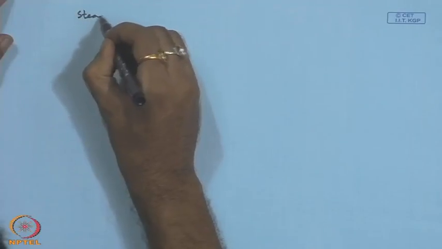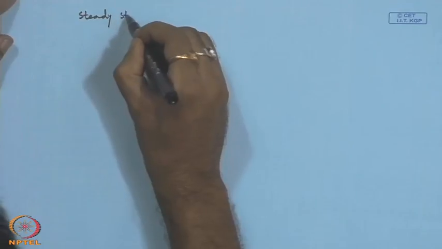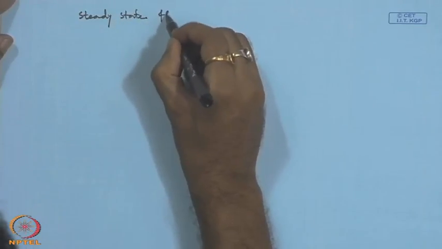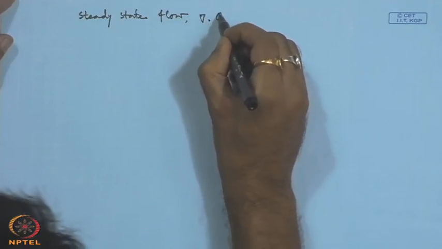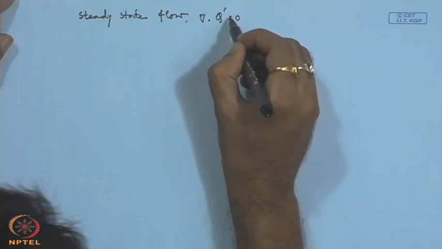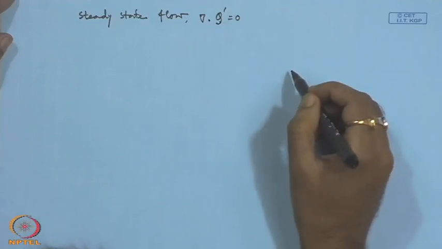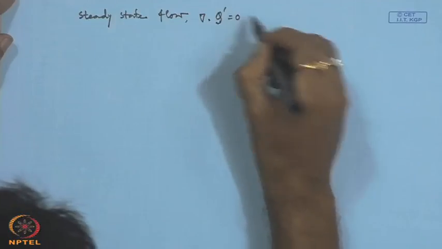So, using this, continuity of the flow is considered, and for steady state flow condition, we have divergence dot q prime equals zero in each zone.